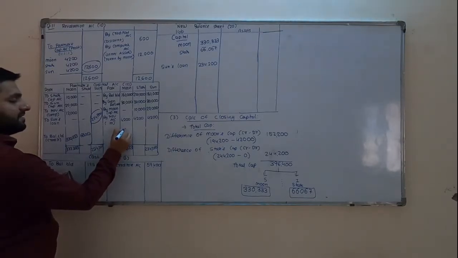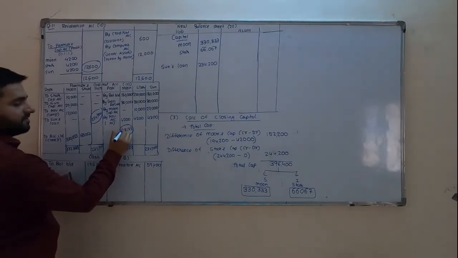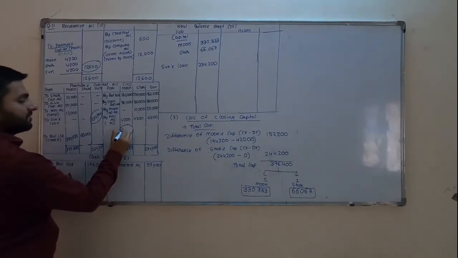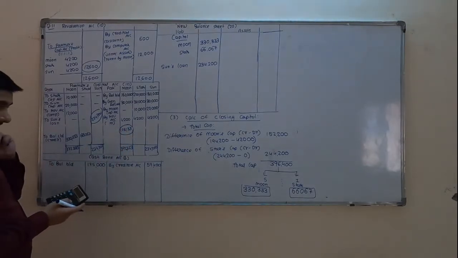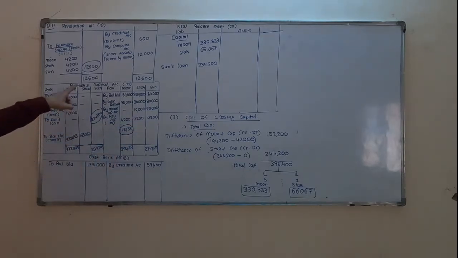Here the balance is 1,78,133. The units are such that it is not possible to write them clearly. 178,133. Okay.